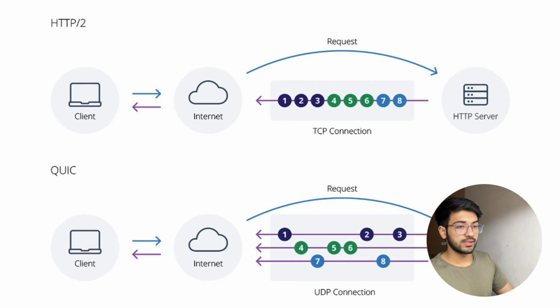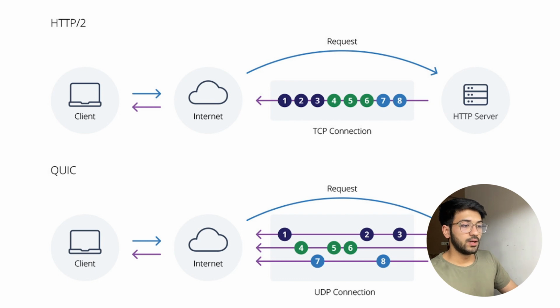You can see in the diagram also here the different lanes, whereas in HTTP2 only a single lane. I'm just explaining to you with an example only. So there is no slowing down in other lanes in the case of the QUIC model.